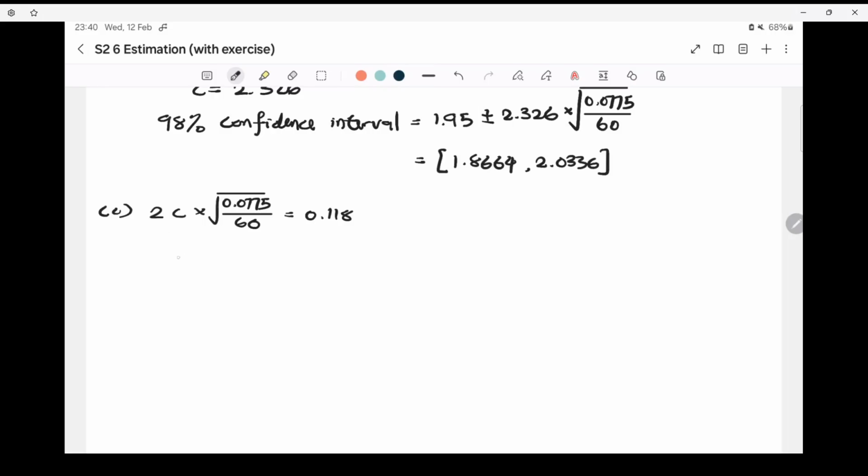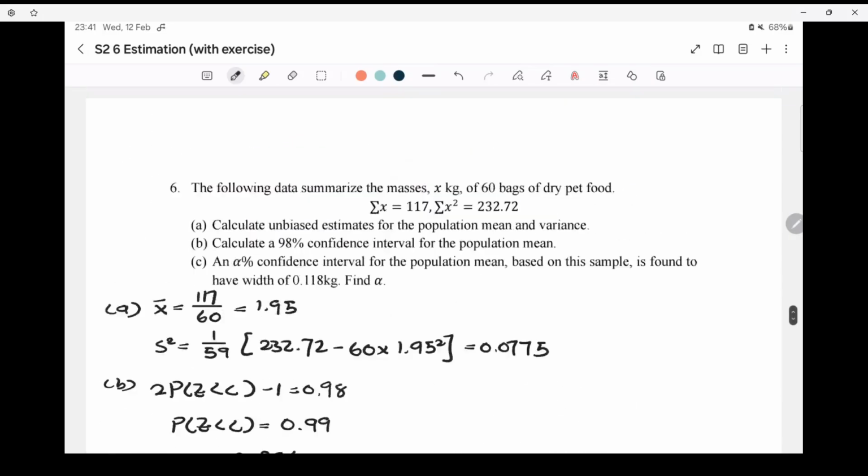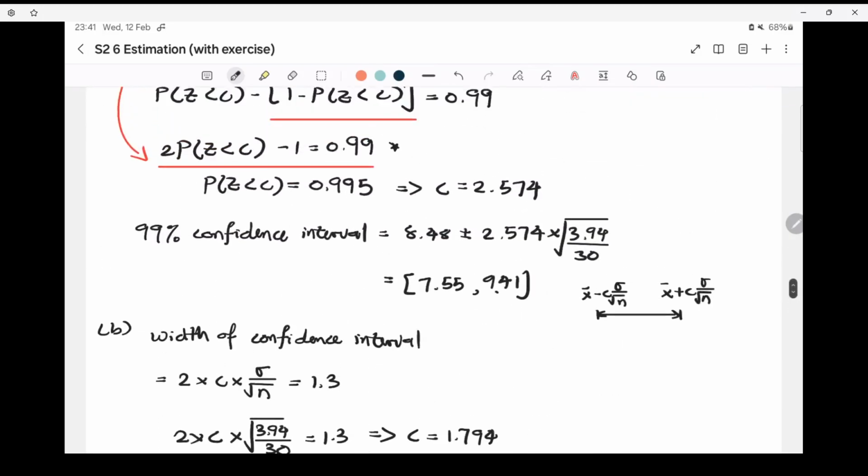So calculate what is the value of C. You found that this is 1.642.